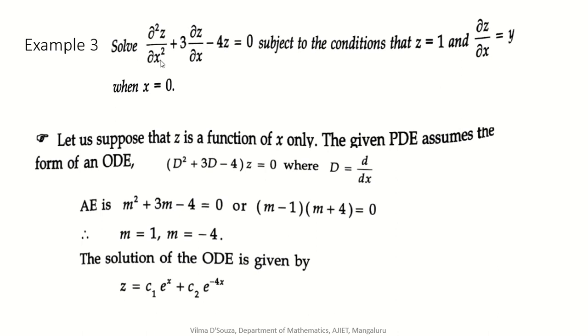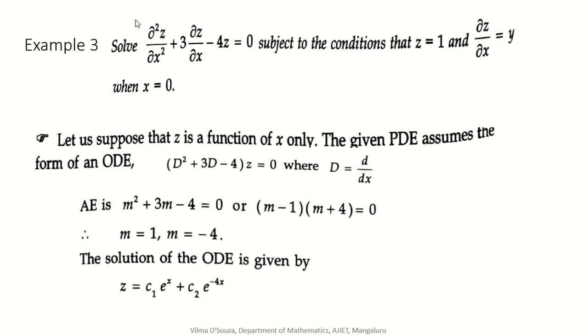So here you can observe you have derivatives with respect to x. So what do you assume? Let us suppose that z is a function of x only. The given PDE assumes the form of an ODE: d²z/dx² + 3 dz/dx - 4z = 0.